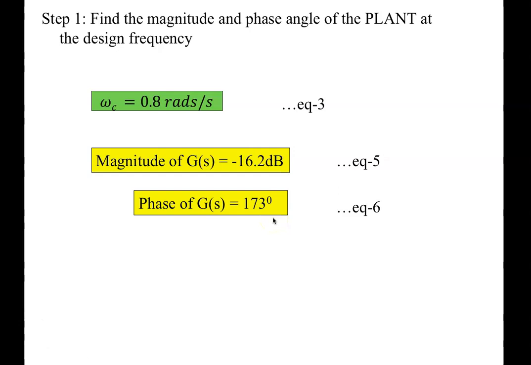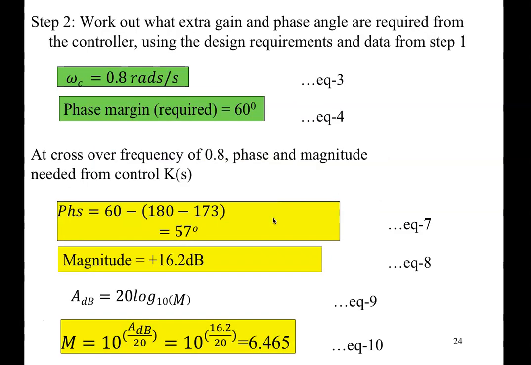Step number 2 is to work out how much more you want from K(s), the controller. That is the difference between what's required and what you already have from the plant. Okay? So the difference here is what's required.